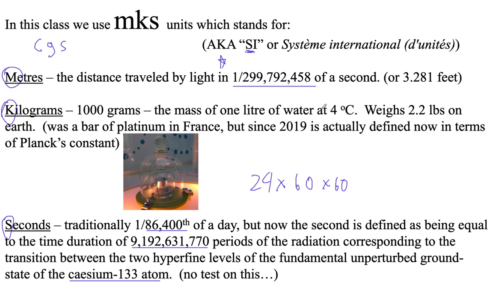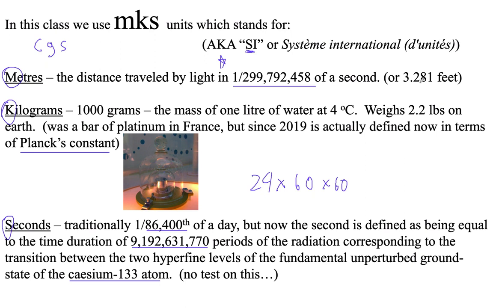And then they had a bar of platinum that defined that, kept in a vacuum in France until 2019, honest to God. But now it's defined in terms of Planck's constant. There's actually a couple of constants that define that. Anyway, this is enough of a rant about the basic units.